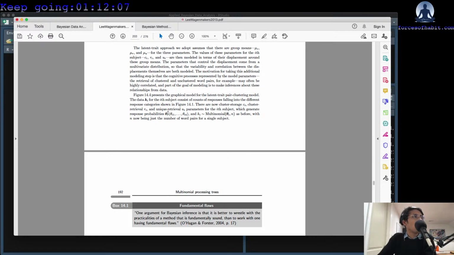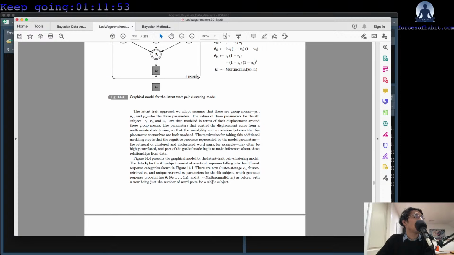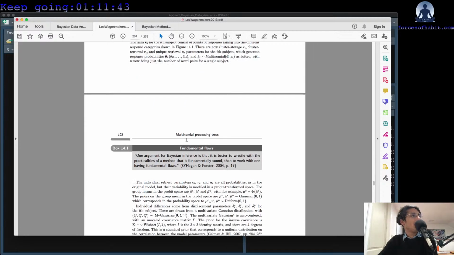And we get response probabilities for all four for each of the trials, multinomially distributed, with n being the number of word pairs for a single object. But it's the same across subjects, it looks like.